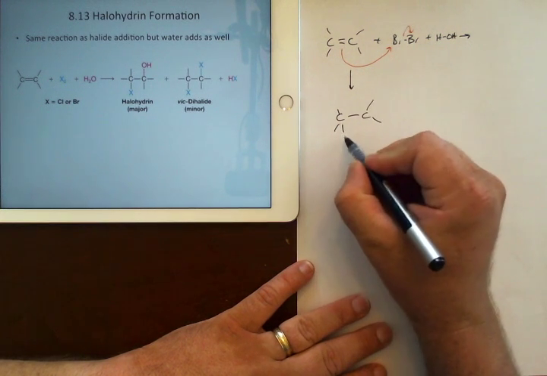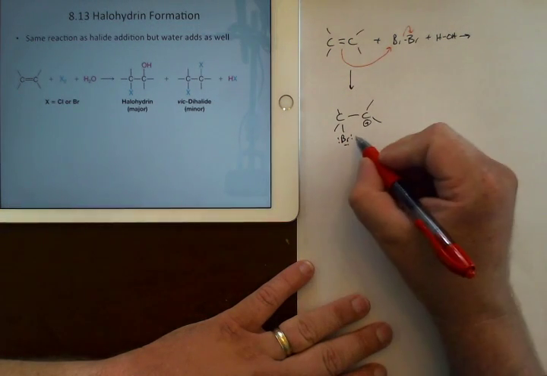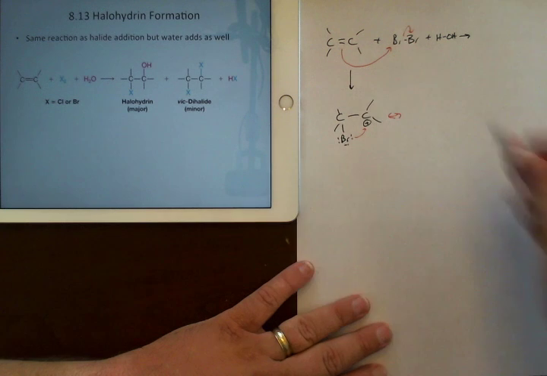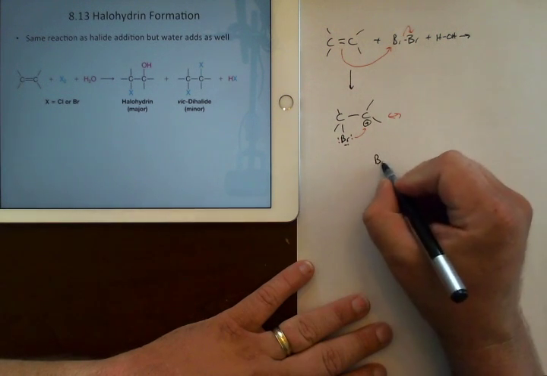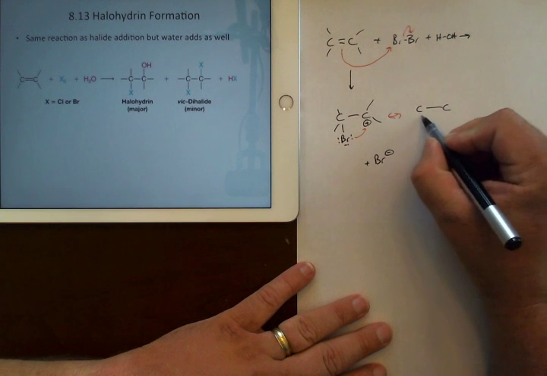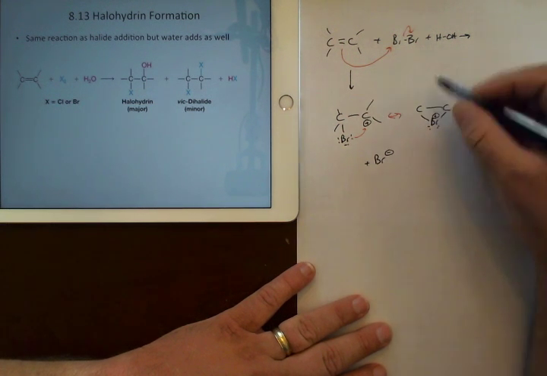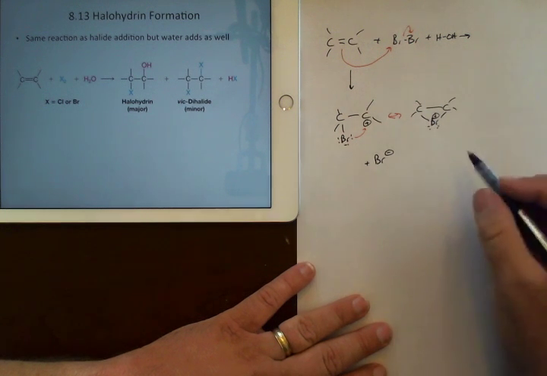So let's say that the bromine adds on this side and carbocation on the other. We can make this resonance structure here. Oh, sorry, Br minus. So we're going to make our bromonium ion to help stabilize this.